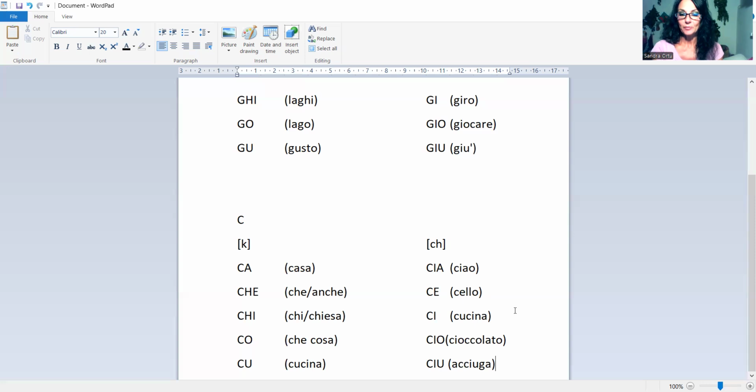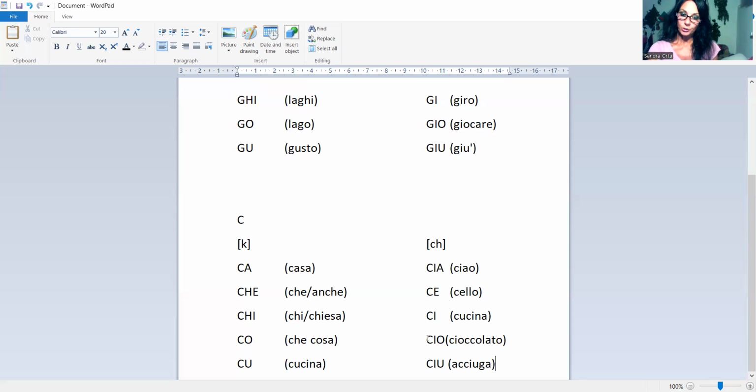Think about famous names like Al Pacino, ci. Nobody has ever seen this name and wanted to say Al Pakino. It is C-I-C. Also Leonardo da Vinci, ci again. So associate these sounds, this spelling to other words as well.